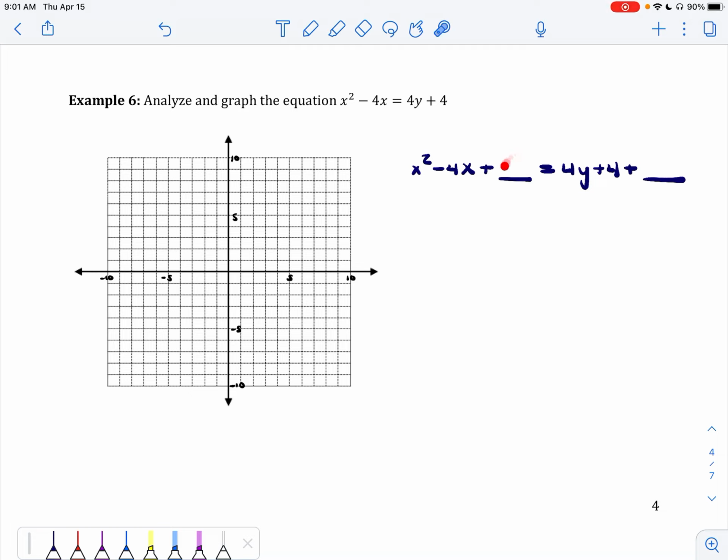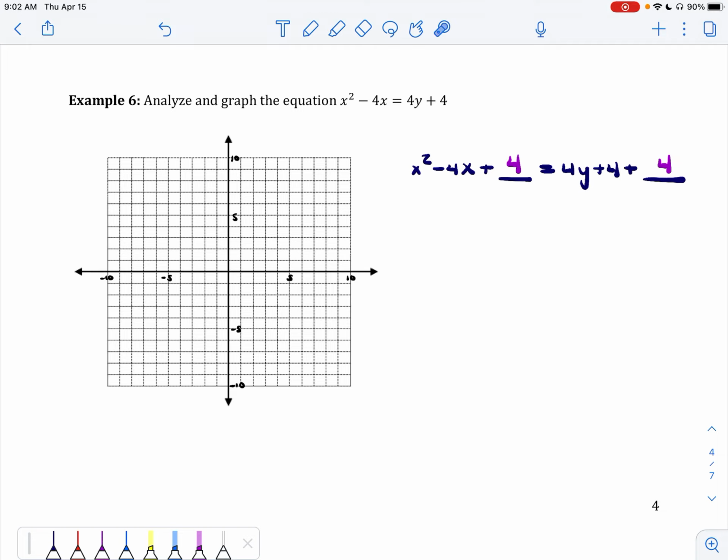So whatever we add on the left, we have to add on the right as well. Remember, to complete the square, we take our b term, which in this case is -4, divide it by 2, which gives us -2, and then -2 squared is +4.